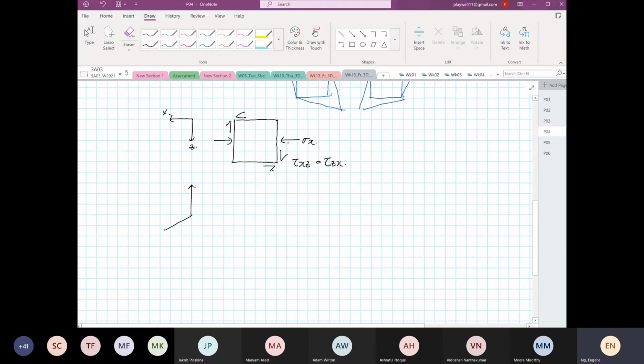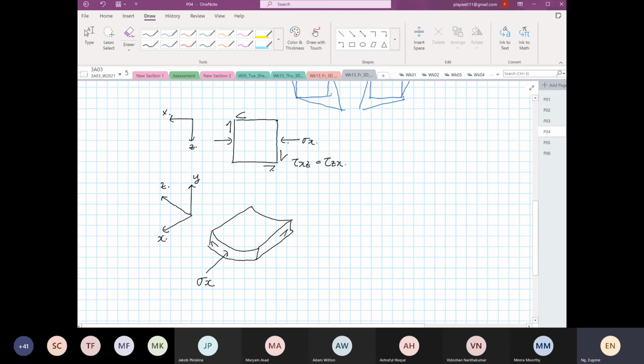Some of you will say, Eugene, that's why they use software for this. Yeah, but those software are too expensive. So now element C will look like this. We know that there's a normal stress in compression over here, and then we know that there's a shear component doing this.